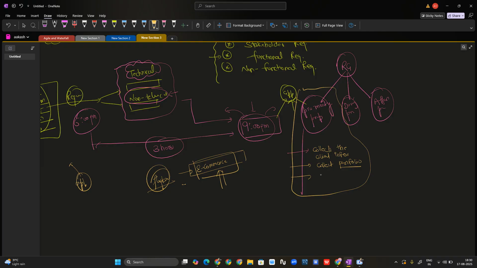So the third point is related to questions or questionnaires. On the basis of client requirement, you have to prepare some questions which you have to throw to the client in the meeting. Let's suppose that you want an e-commerce website.